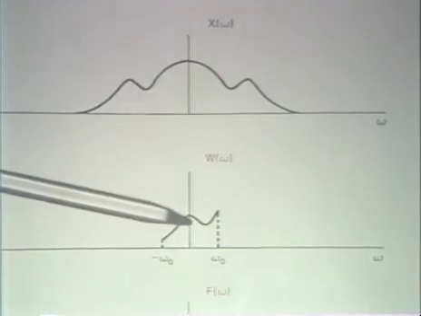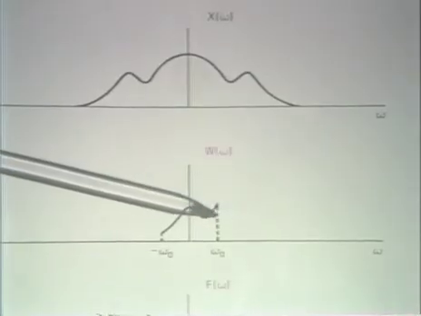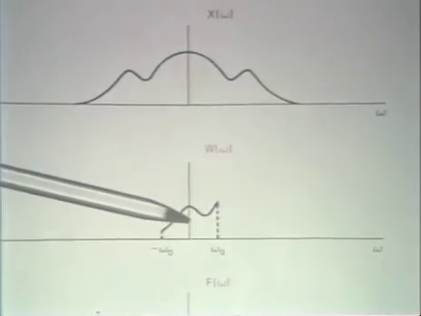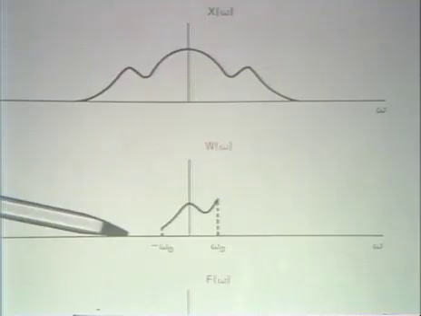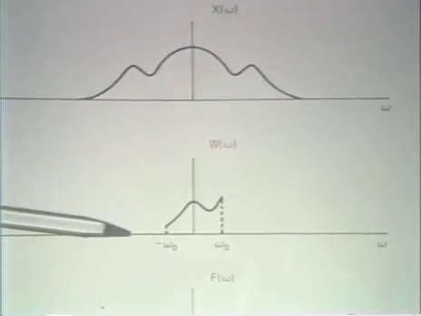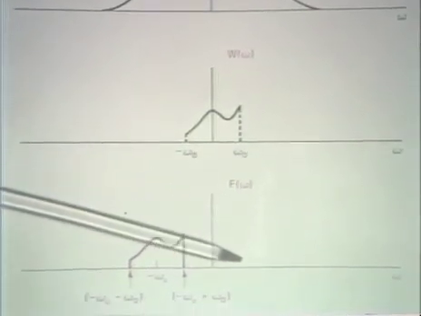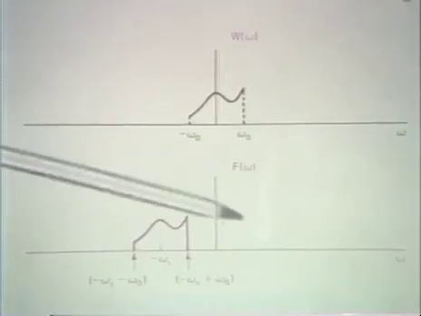And the next step is then to demodulate this. And so, in effect, demodulating will shift this spectrum back to where it originally came from. And so that result will be what I show in the final result, which is here.